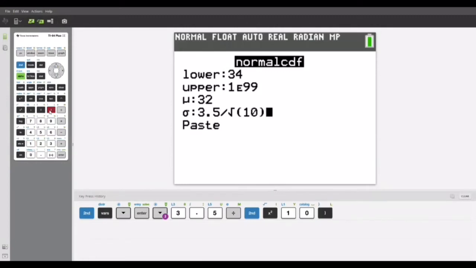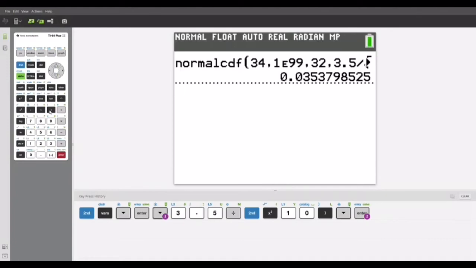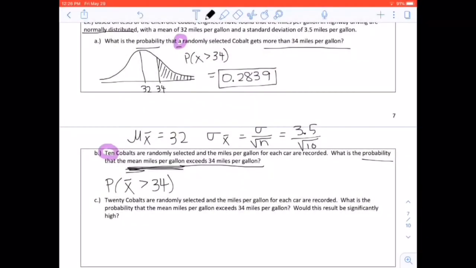Then go down to paste, select enter, and we get an answer for our probability. From the calculator, the probability that X bar is greater than 34 is 0.0354. So this is the probability that the mean miles per gallon exceeds 34 miles per gallon for those 10 cars.